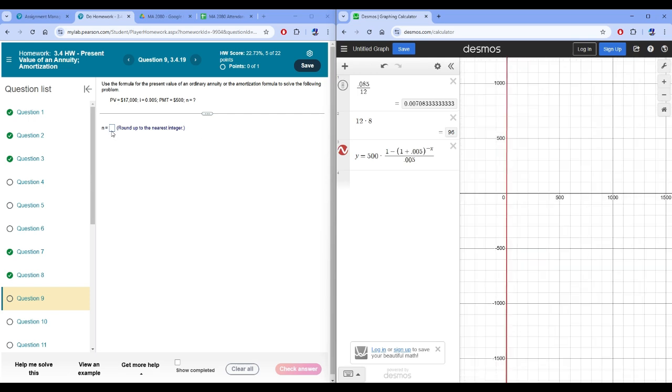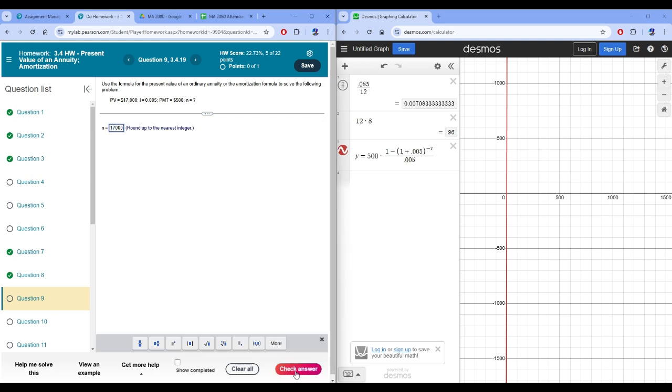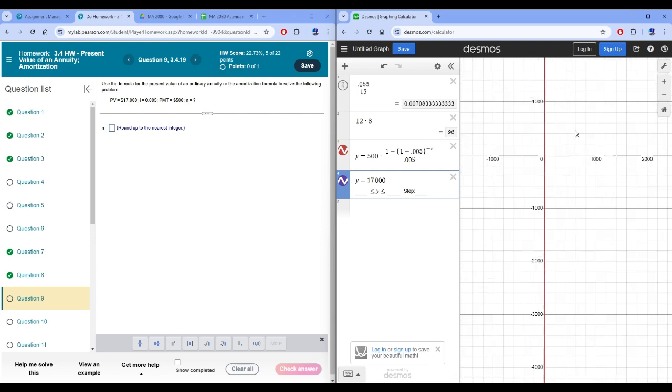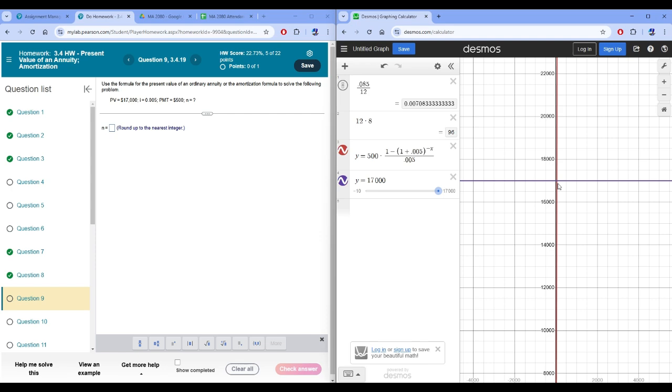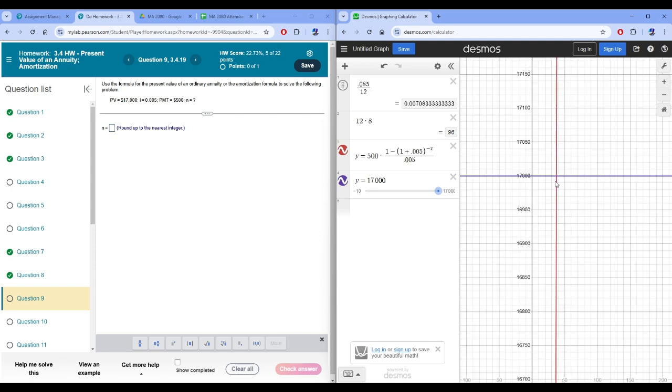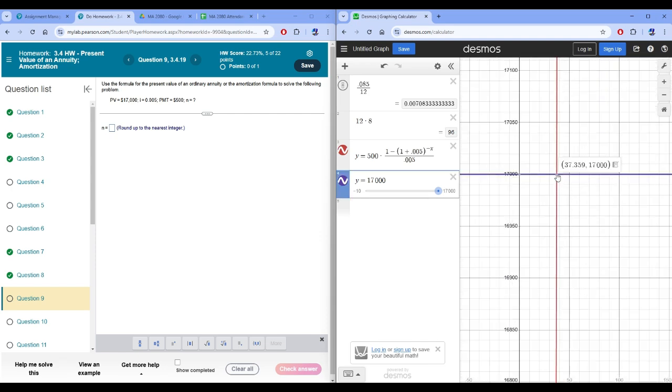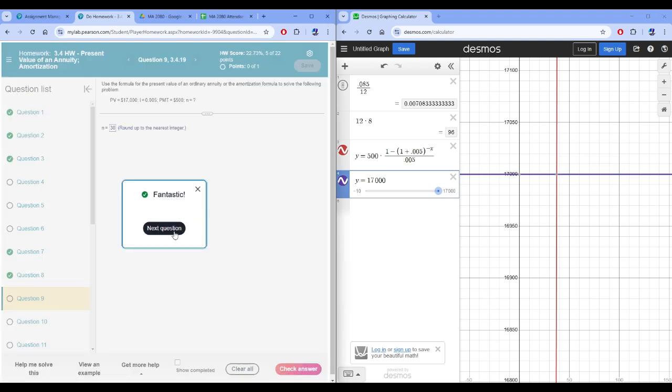We want to know when this is equal to 17,000. Oh, no, I typed it in the wrong place. Y equals 17,123. And now let's see when that gives me that intersection. 37.3, round up, 38. Cool. There you go.